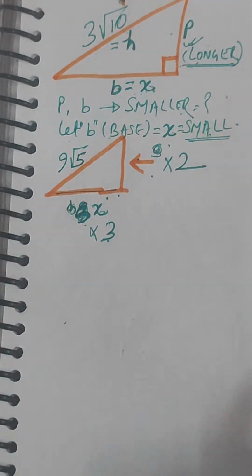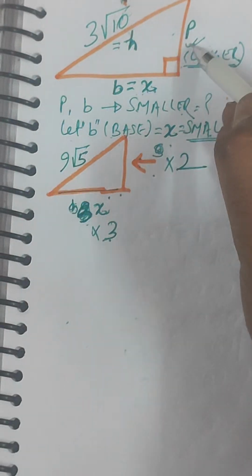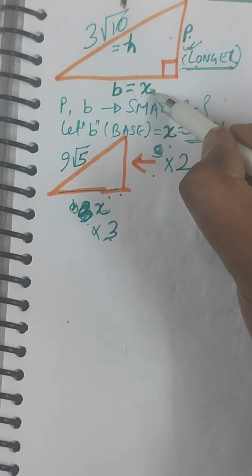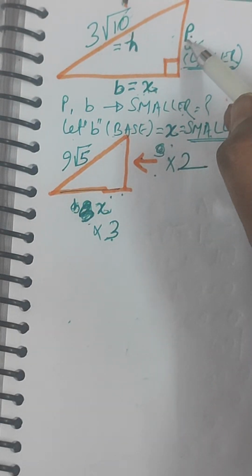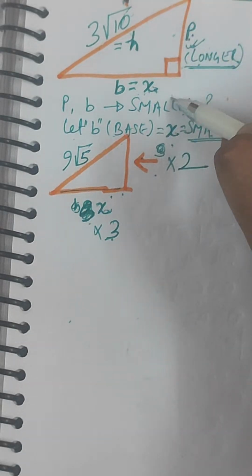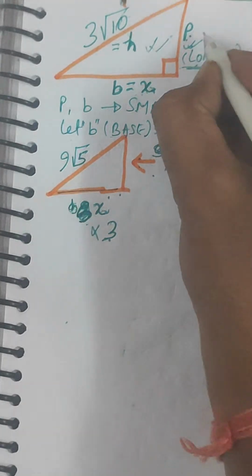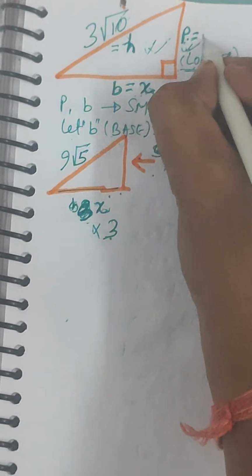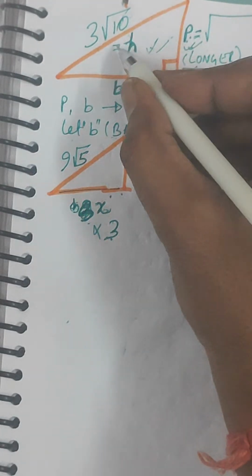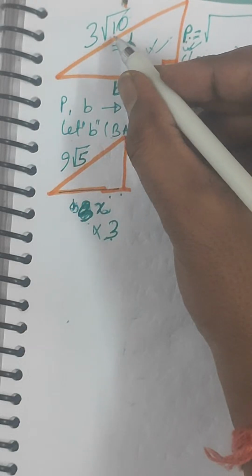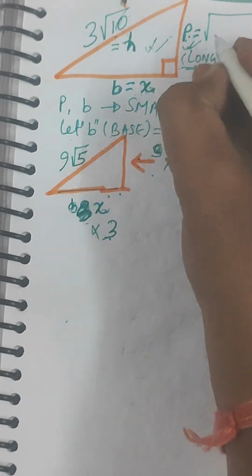So students, in these questions, first of all, we do not know the perpendicular. If we have assumed x as the base, then apply Pythagoras and calculate the perpendicular of the initial triangle. It will be root over hypotenuse square, that is 3 square into root 10 square, that is 9 into 10, 90, minus x square.